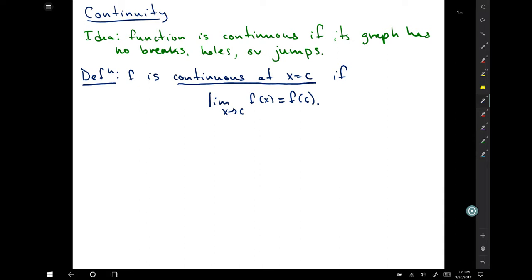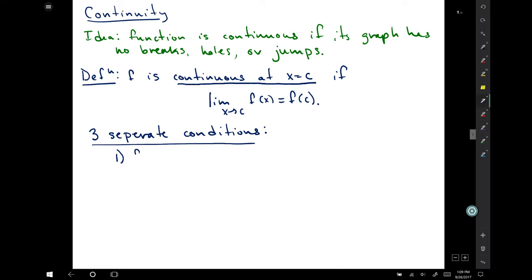So looking at this really means three separate conditions that you have to satisfy. One, the function has to be defined at x equals c.